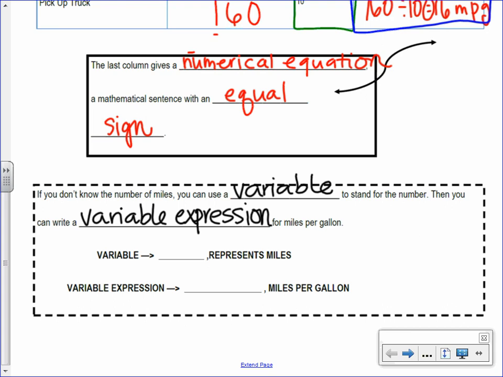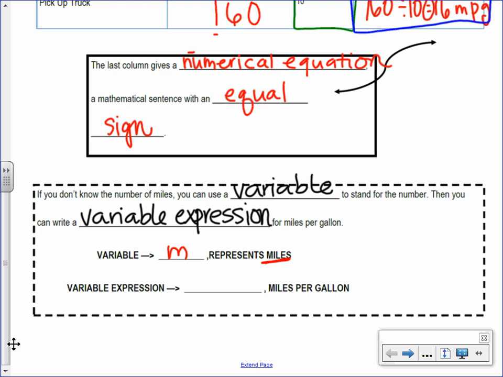You can use any letter you want. Typically it's A, B, or X. But in this situation, if it's going to represent miles, why not just use an M? Variables are always lowercase. So in this situation, our variable is an m because it represents miles.